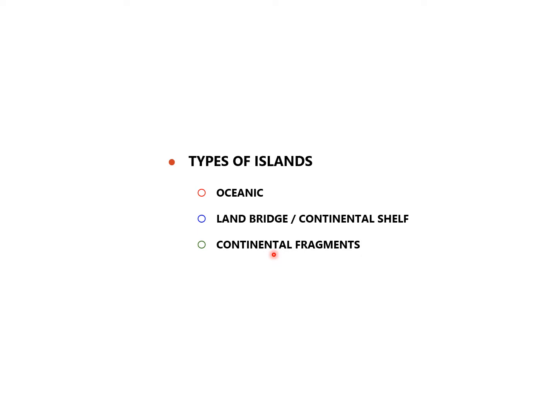So they could be a piece of the continent that has broken off as continents move around over the geologic history of the earth and tectonic movements. Little pieces can break off and become islands. And so usually islands can be categorized into one of these three types.